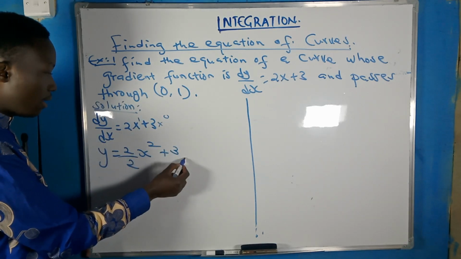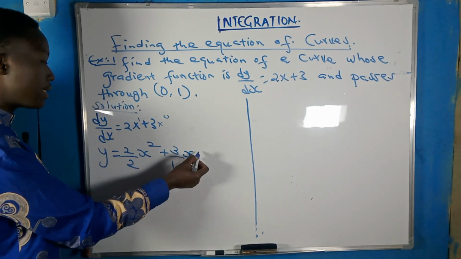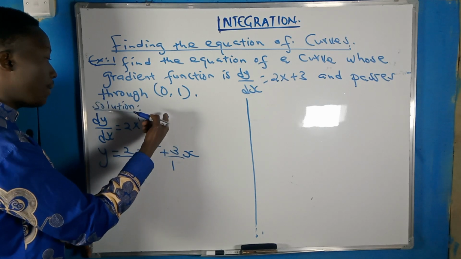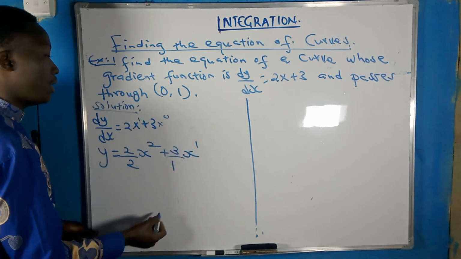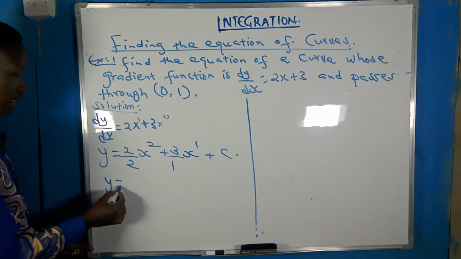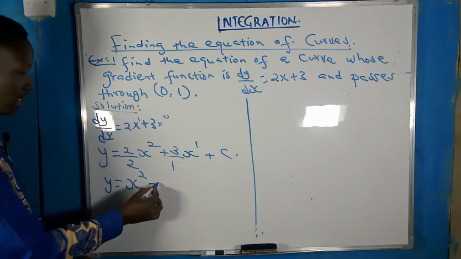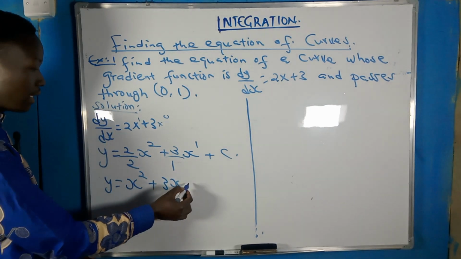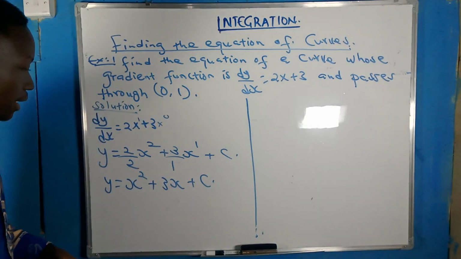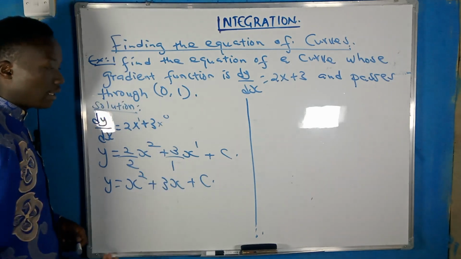So it will be 3 over 0 plus 1 is 1, x to the power 0 plus 1, then plus a constant. So we will have y is equal to 2 divided by 2 is x squared, then this one will be 3x, then plus c. That will be our function in form of y with a constant.